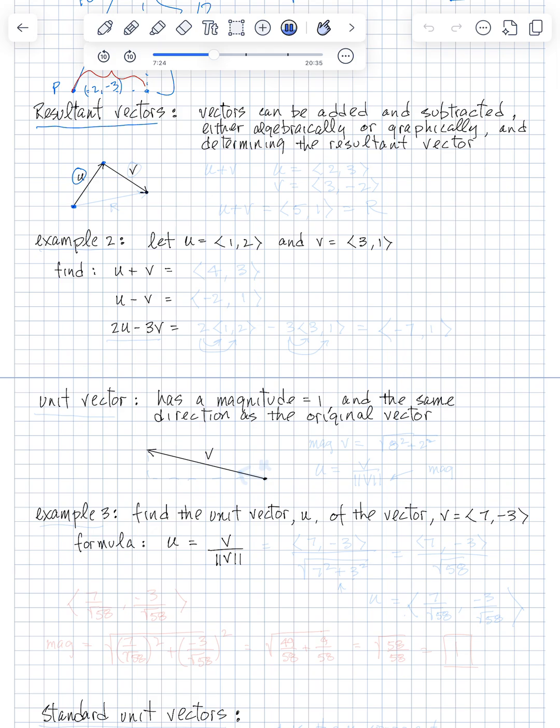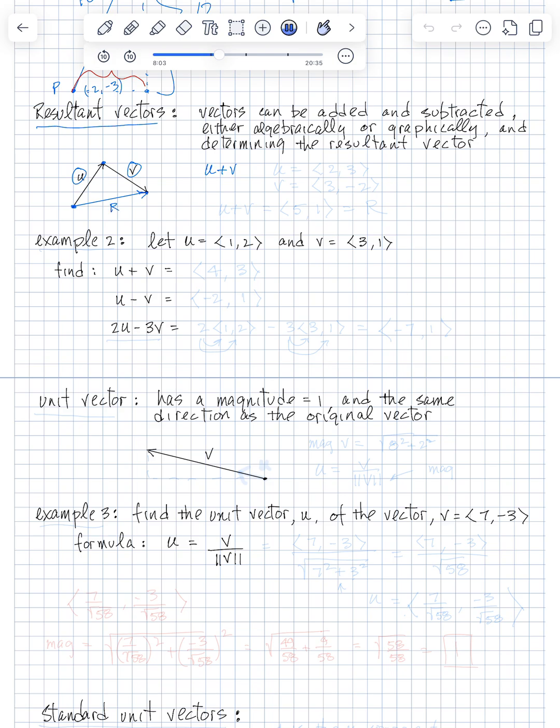Now, when we add vectors, like we're going to add v to u, so it looks like u plus v, we add the tail of v to the head of u. To get the resultant, we then go from the tail of u to the head of v. So I'm going to draw in the resultant vector right now, and this is the resultant vector, sometimes called r.